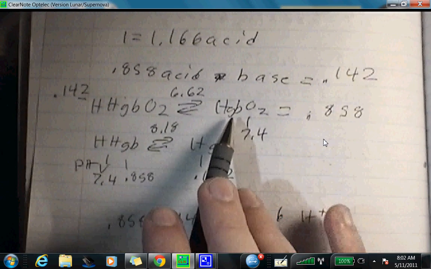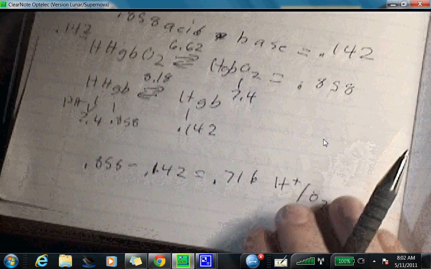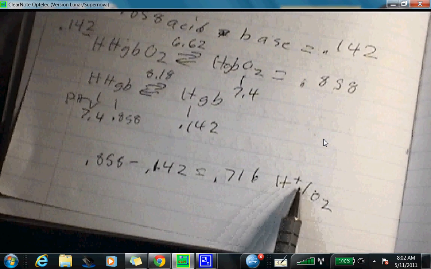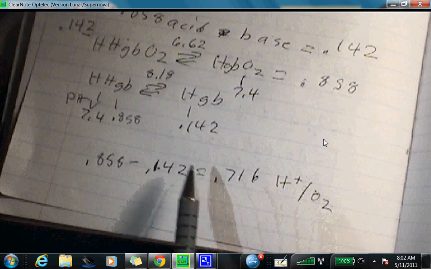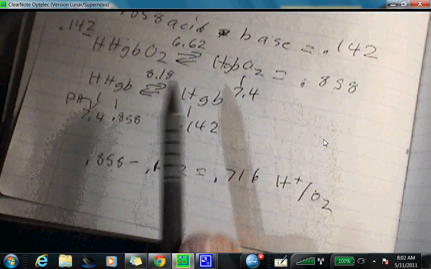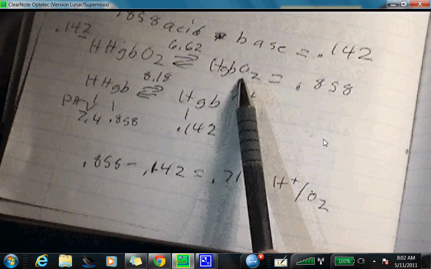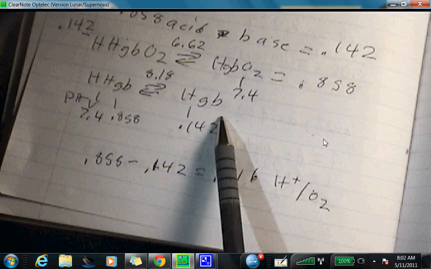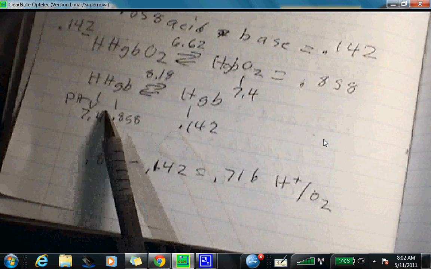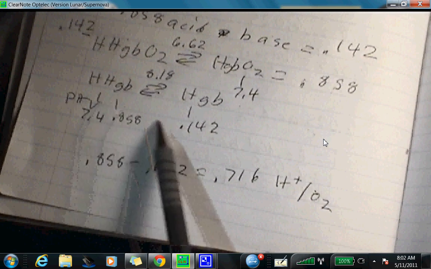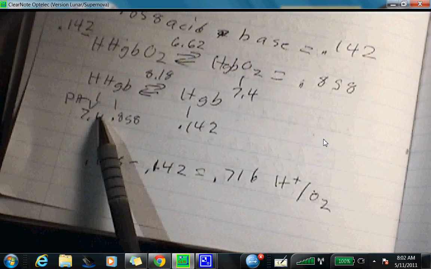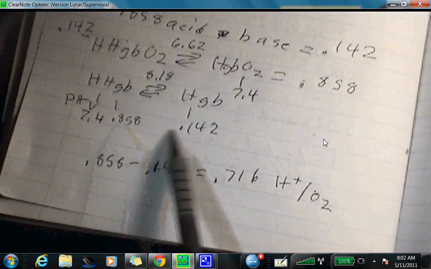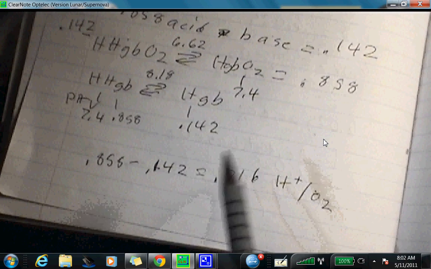And that's pretty much all we do, and we get H plus per 1 mole of O2 because we assumed 1 mole. So when 1 mole of this converts into this form, our ratio of acid to base shifts over this way, and it consumes H plus, and it makes this amount difference.